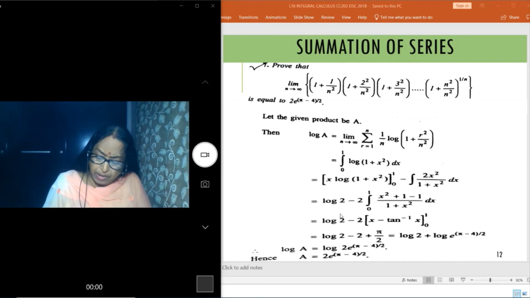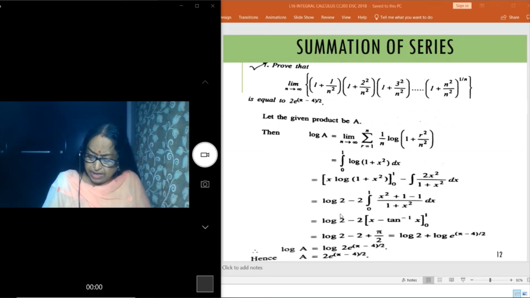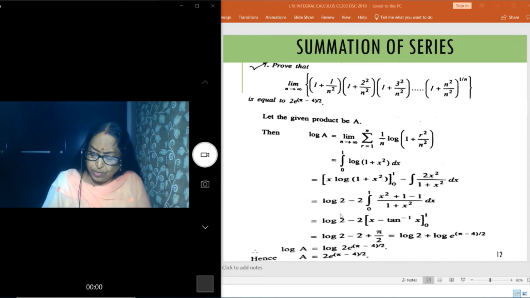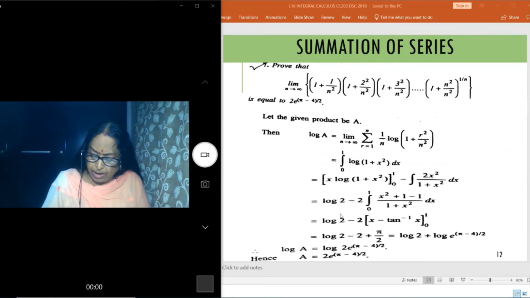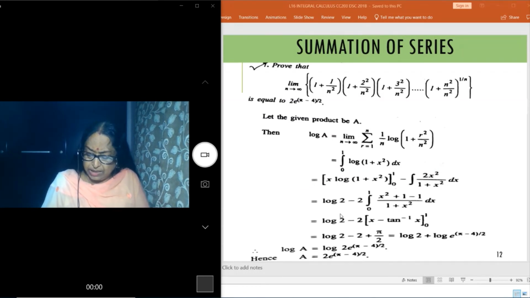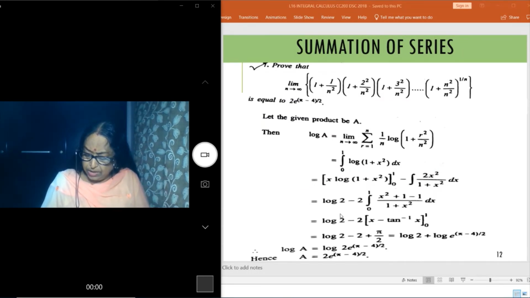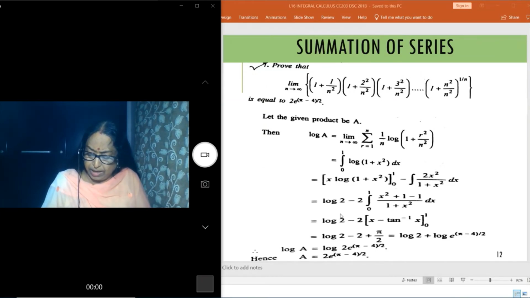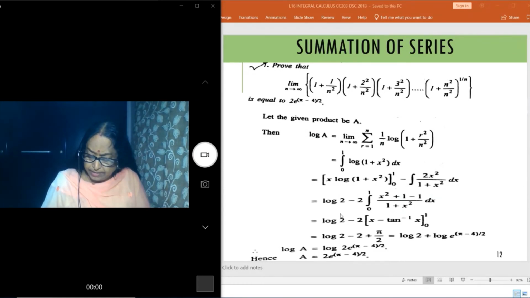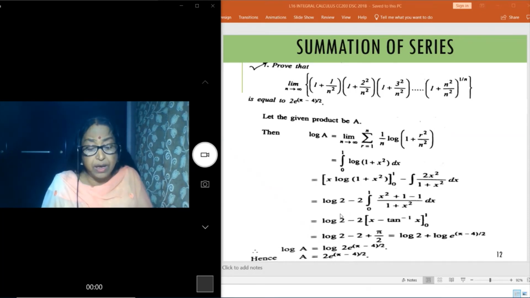Taking log, we can write it as 1 by n log of 1 plus r square by n square, which when converted into limit is the integral 0 to 1 of log of 1 plus x square dx.